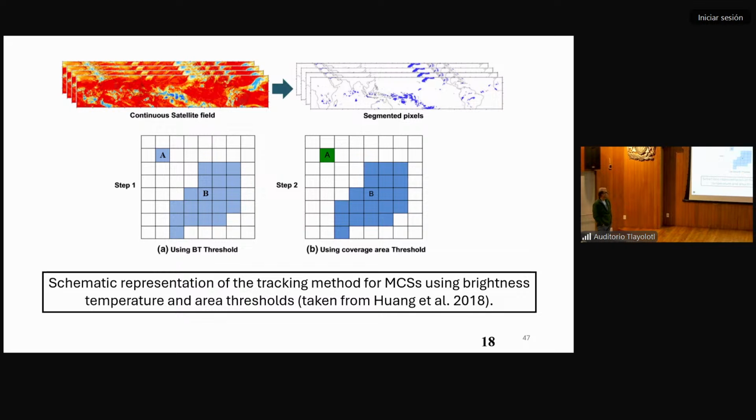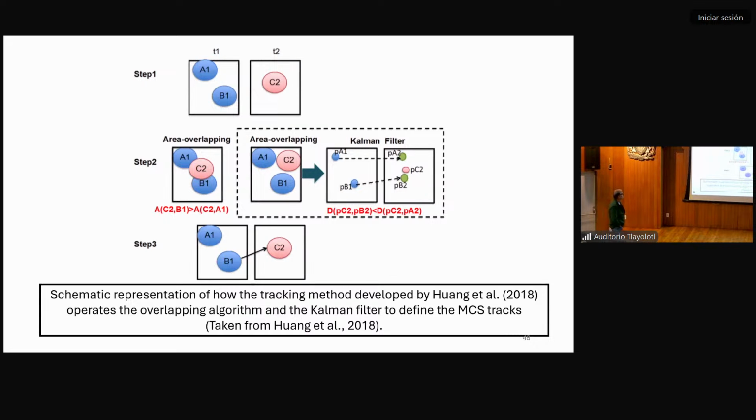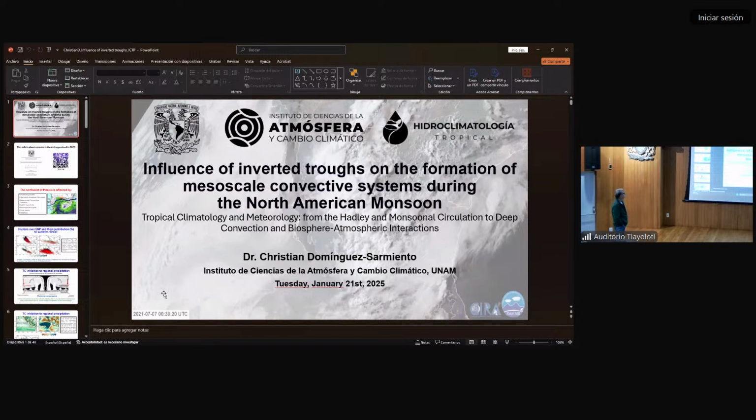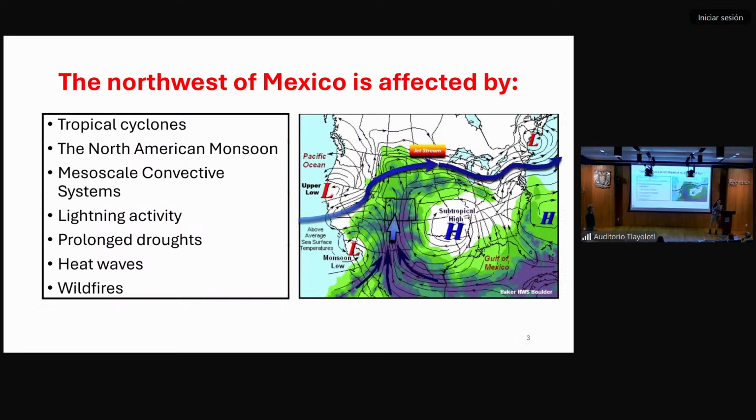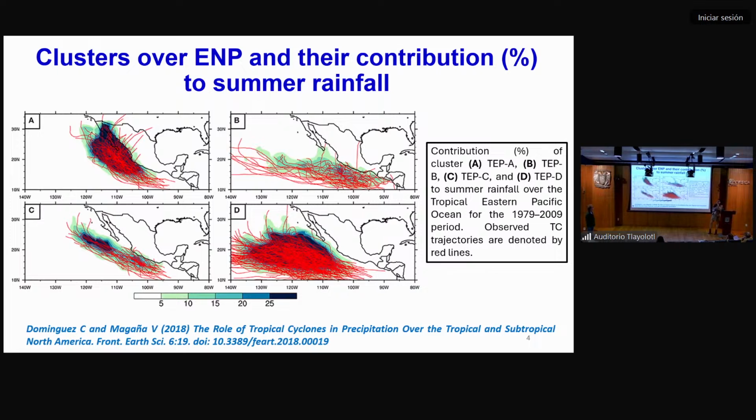So they used this method. They defined pixels that meet the criteria. In this case, we use the criterion that the brightness temperature is less than 208 K, like minus 65 Celsius degrees, and they should have a deep convection size of at least 3,000 kilometers.